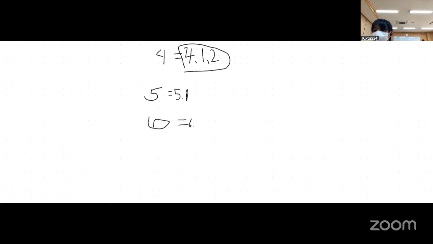Yes, very good. Are there more? Can we divide 6 by other numbers? 6, 1, 3, and 2. Yes, wow. You're so smart.